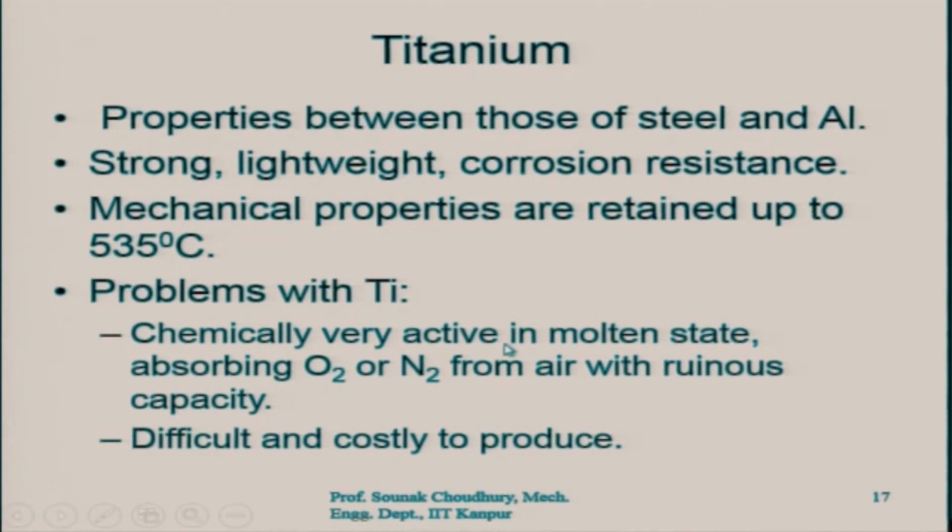It can react chemically with the atmosphere or other gases, absorbing oxygen and nitrogen from air with ruinous capacity. In the molten state particularly, it can absorb oxygen and nitrogen from the air to such an extent that it can actually ruin itself. The properties of titanium can be ruined because of this absorbed oxygen and nitrogen.